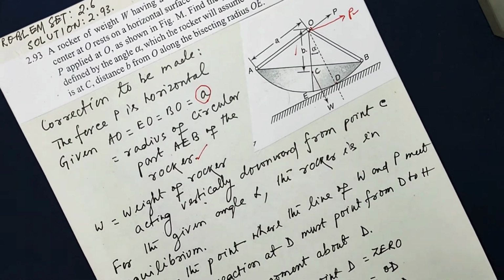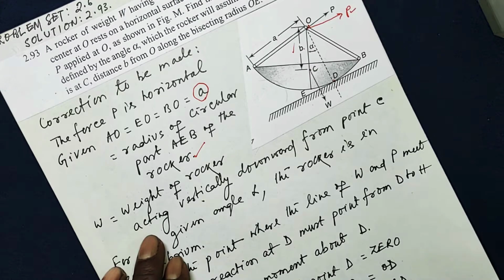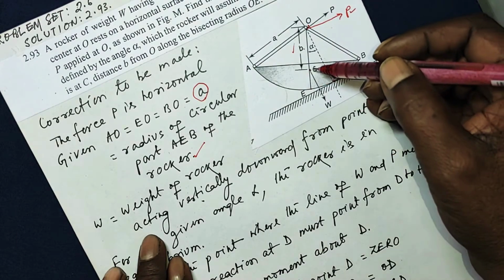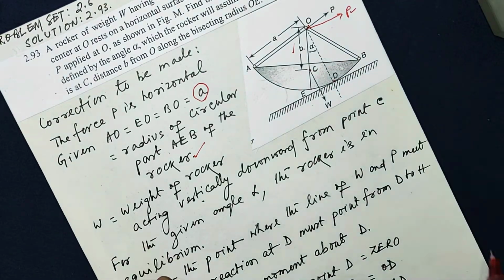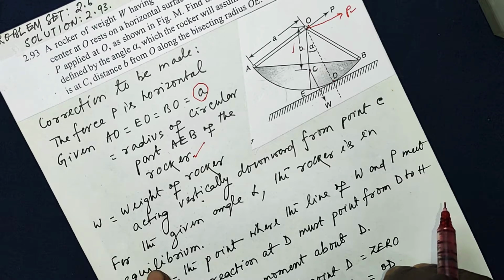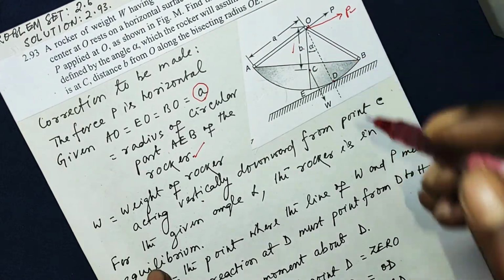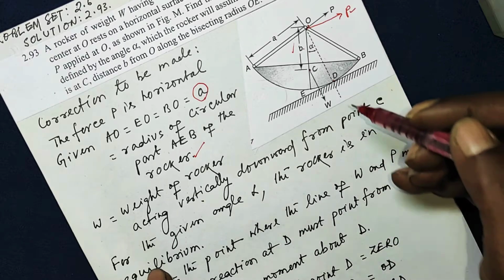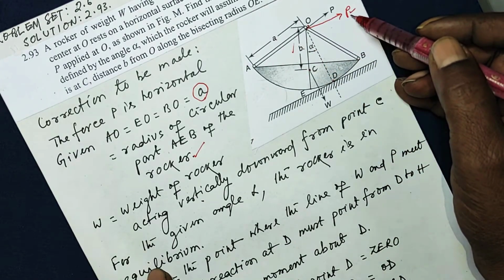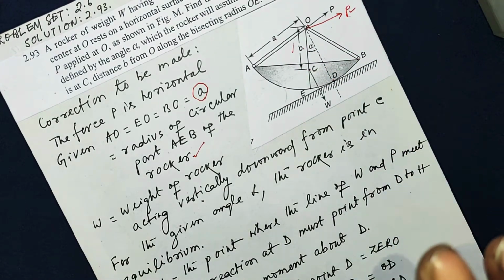Now, W is the weight of the rocker acting vertically downward from the center of gravity, as you can see here. For the given angle alpha, which we will find out in terms of small a, small b, and P, the rocker is in equilibrium.